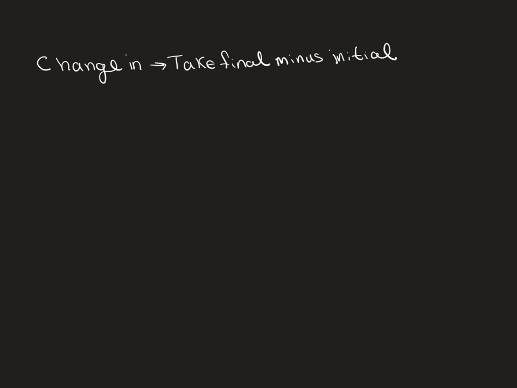Doesn't necessarily mean the object stopped or started moving at those particular points, but that's where we enter the problem and exit the problem. So earlier in a video, I would have discussed the idea that displacement is the change in position. So we learned that displacement is defined as position final minus position initial.